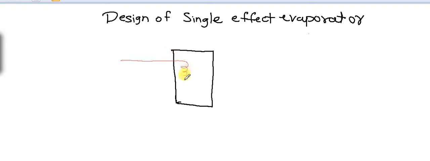Steam enters here. You get the outlet, this is our steam, this is condensate. Feed enters here. We call this the weak liquor.